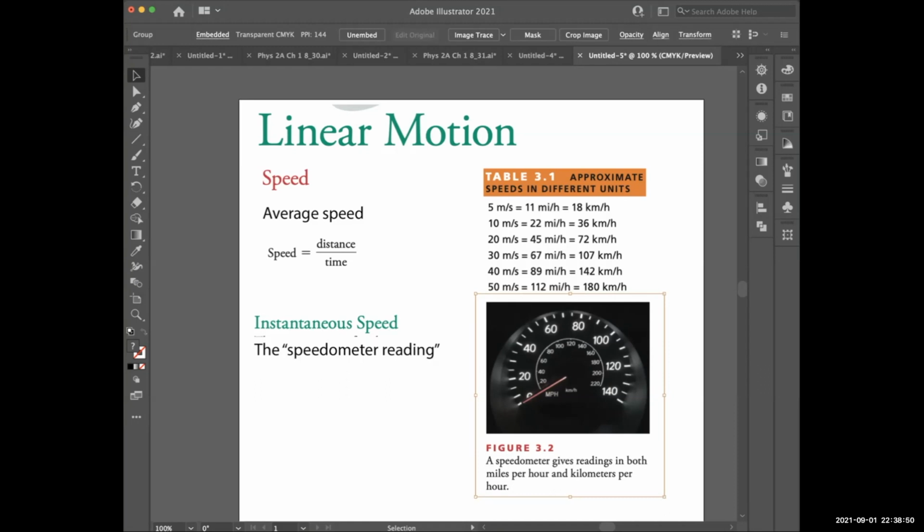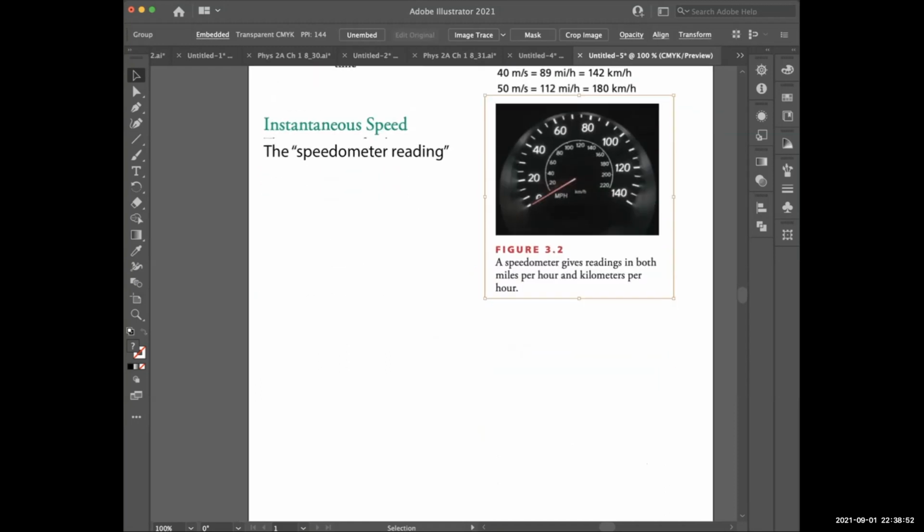All right, let's go ahead and move on to velocity. So velocity is the instantaneous speed and a direction.